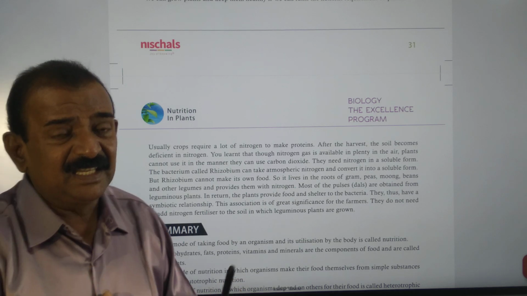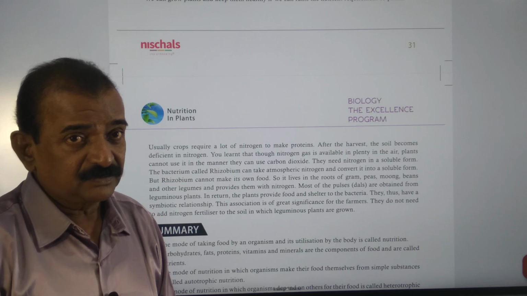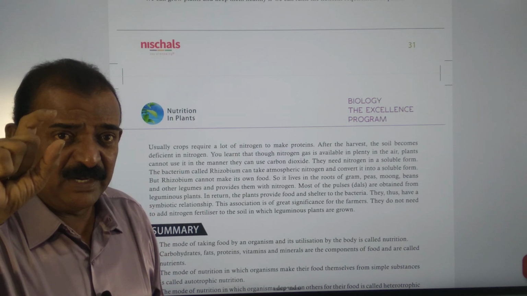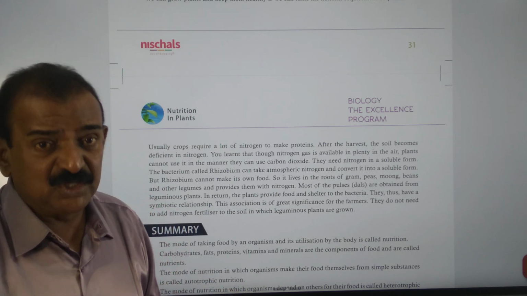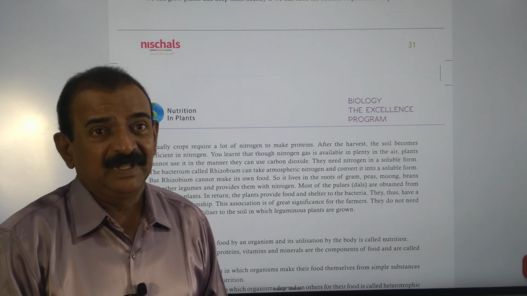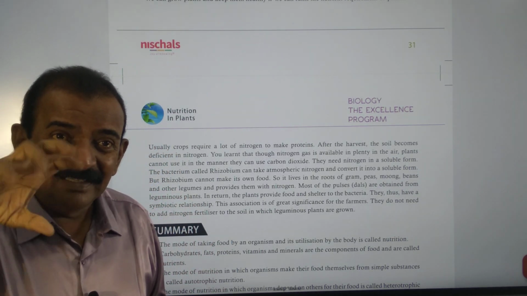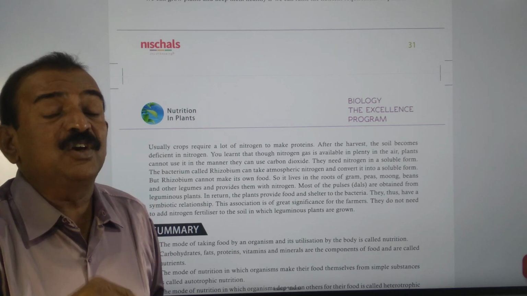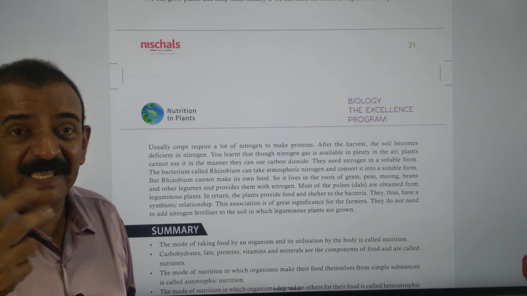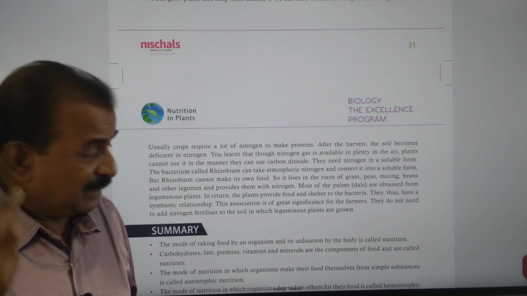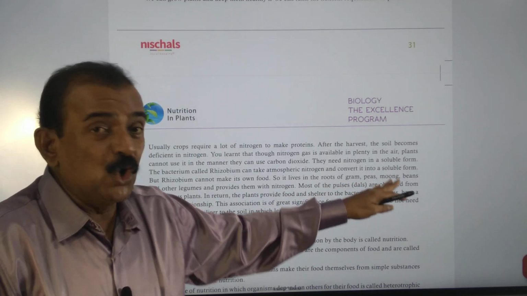So how is the nitrogen present in the air converted to nitrates? I told you the percentage of nitrogen in the air is 78%, so most of the air consists of nitrogen. The soil contains rhizobium bacteria, which generally live together with leguminaceae plants, for example bean, peas, gram, and moong.